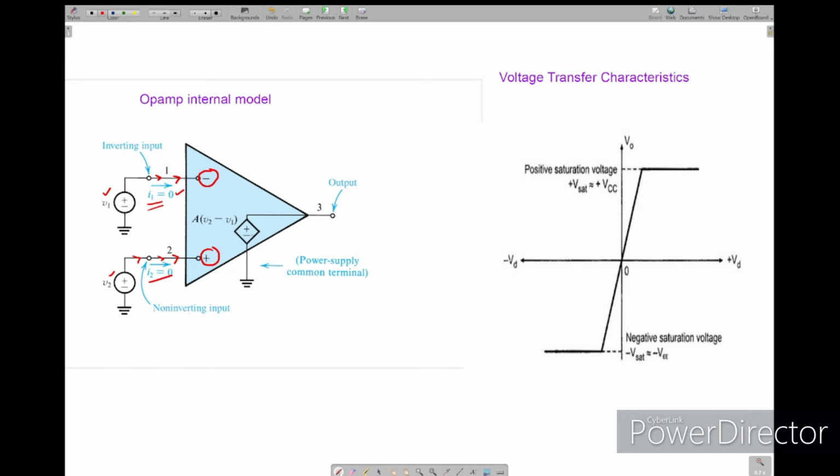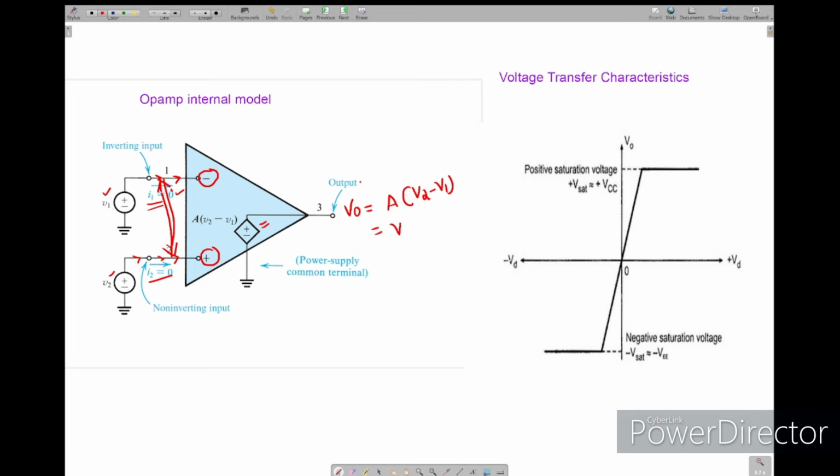And if you see the output side, this is a voltage controlled voltage source. It is controlling the difference between these two terminals. Means output, if I take V0 as output, it is gain times V2 minus V1.